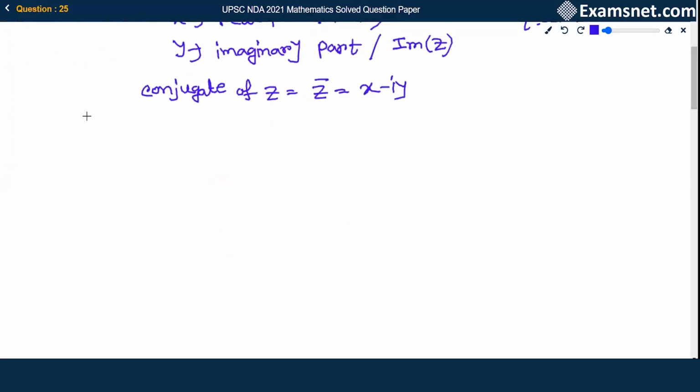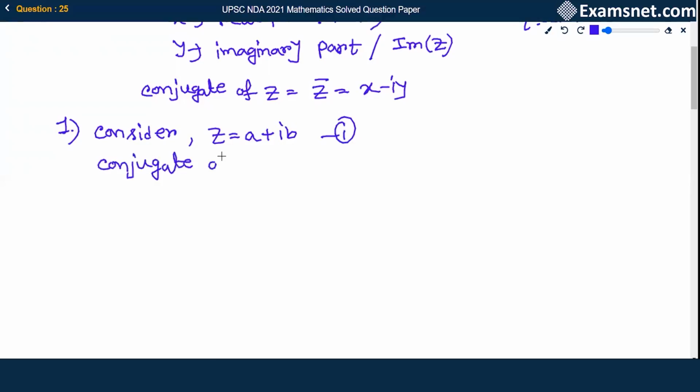Okay, let's check it. First, the difference of z and its conjugate is an imaginary number. Consider z equals a plus ib. Let's name it equation number 1. Next, the conjugate of z, that is z bar, equals a minus ib.